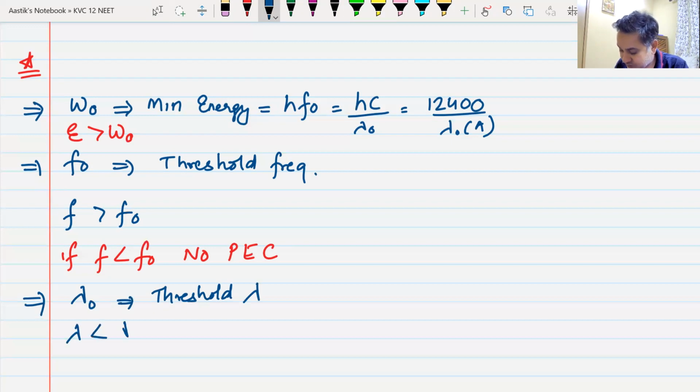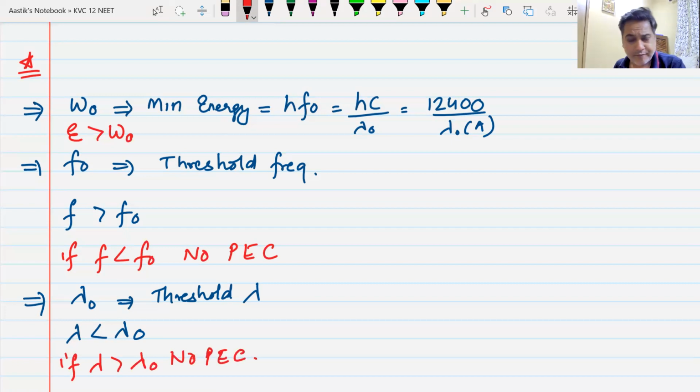Lambda of radiation should be less than lambda naught. If lambda is greater than lambda naught, no photoelectric current. So far, so good?